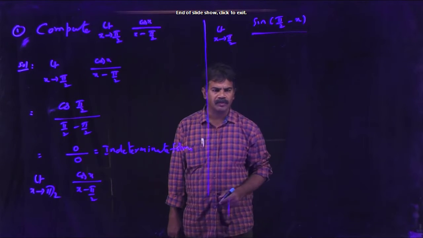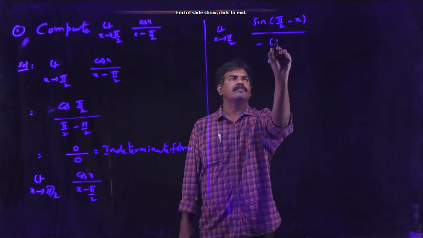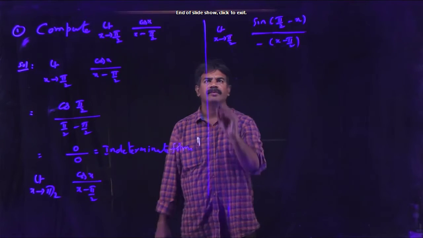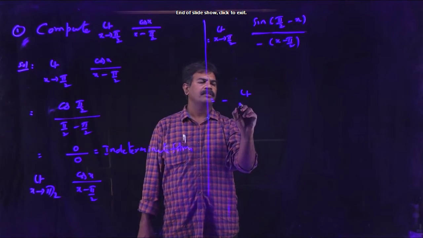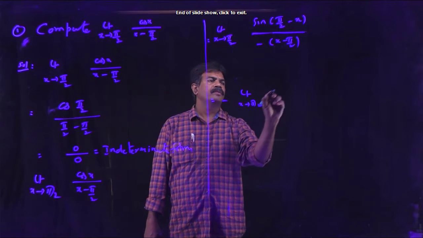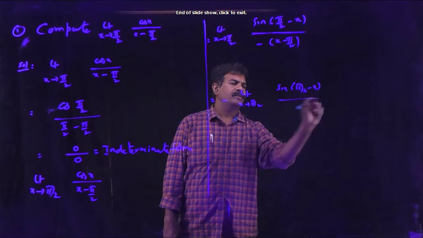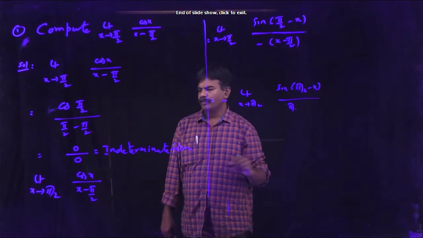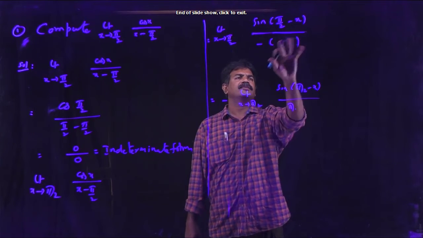In the denominator also we take the minus common, that is minus common, x minus pi by 2. So that is minus limit x tends to pi by 2, sin of pi by 2 minus x by pi by 2 minus x.